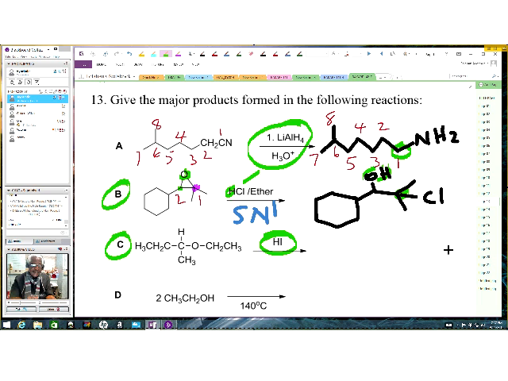This hydrogen here, the first thing it will do is attach itself to the oxygen, and therefore it gives you a good leaving group, just as in the case of the epoxide.